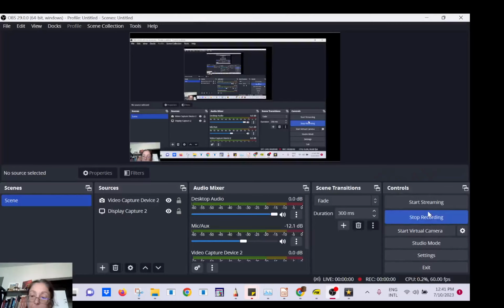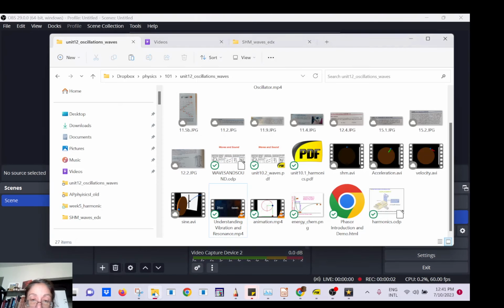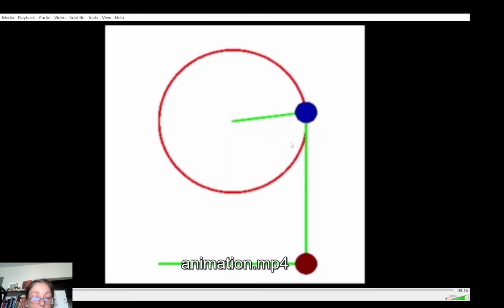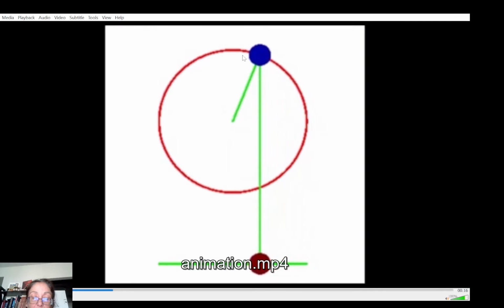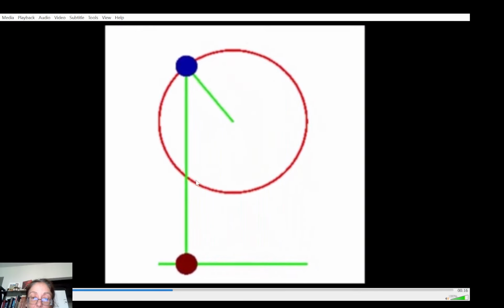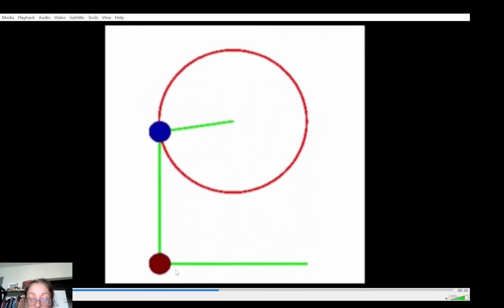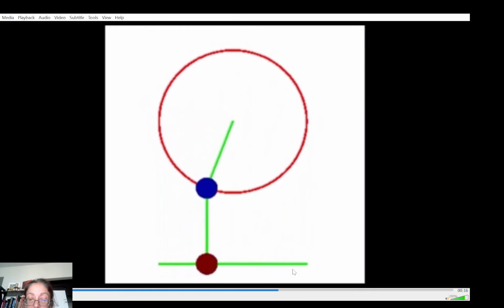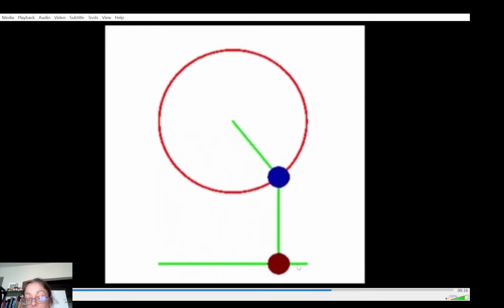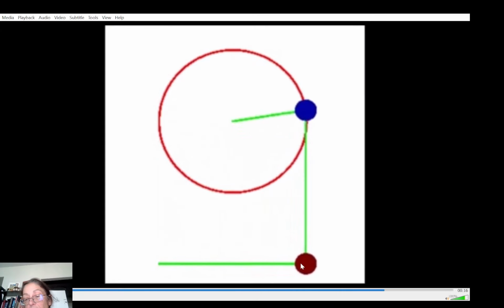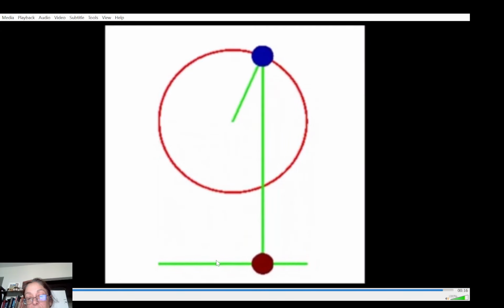So I have other, let's say I have a simulation here. So you see, you have an object moving at a constant speed along a circle. But look here, if you have the projection along the x-axis, what do you get? You get a simple harmonic oscillator.